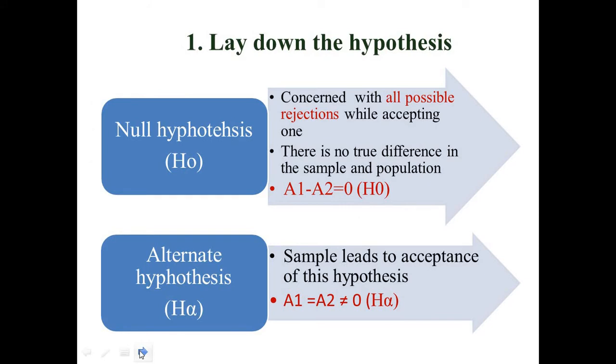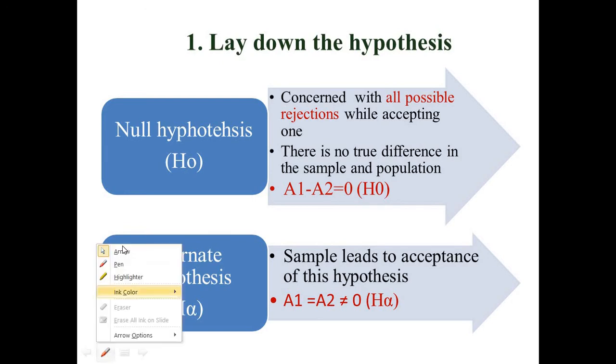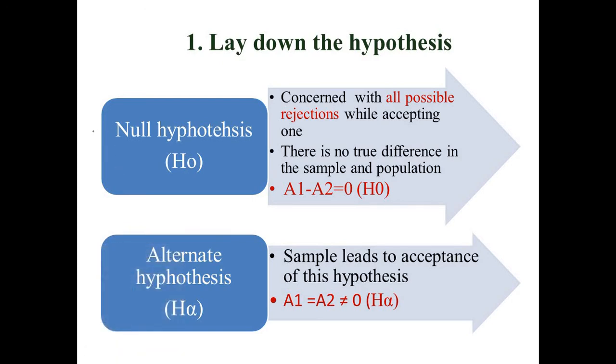In laying down the hypothesis, there are mainly two hypotheses we use. The first is the null hypothesis and the other is the alternate hypothesis. The null hypothesis is also known as H0.